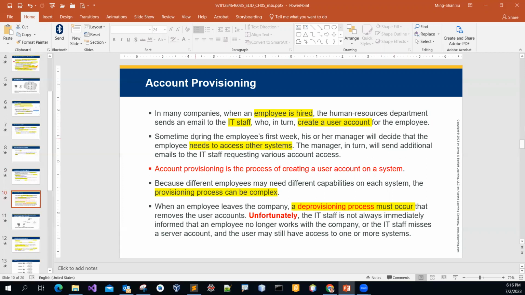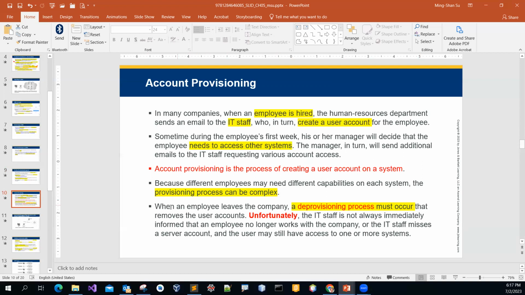Sometimes during the employee's first week, his or her manager will decide that the employee needs to access other systems as well. So the manager in turn will send additional emails to the IT staff requesting various account access. So account provisioning is the process of creating a user account on a system. And because different employees may need different capabilities on each system, the provisioning process can be complex.